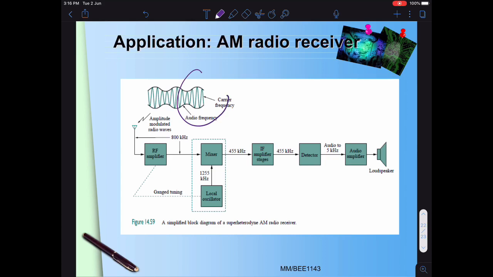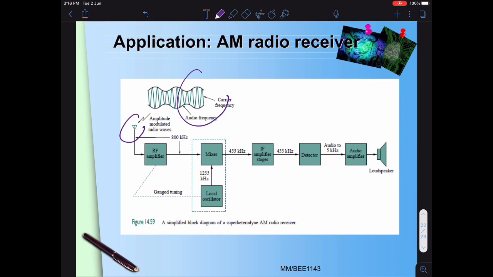The incoming amplitude modulated radio waves, maybe 1,000 or more, are received by this antenna. A resonance circuit or band pass filter is needed to select just one of the incoming waves, because we have so many waves, so we need to select only one wave.